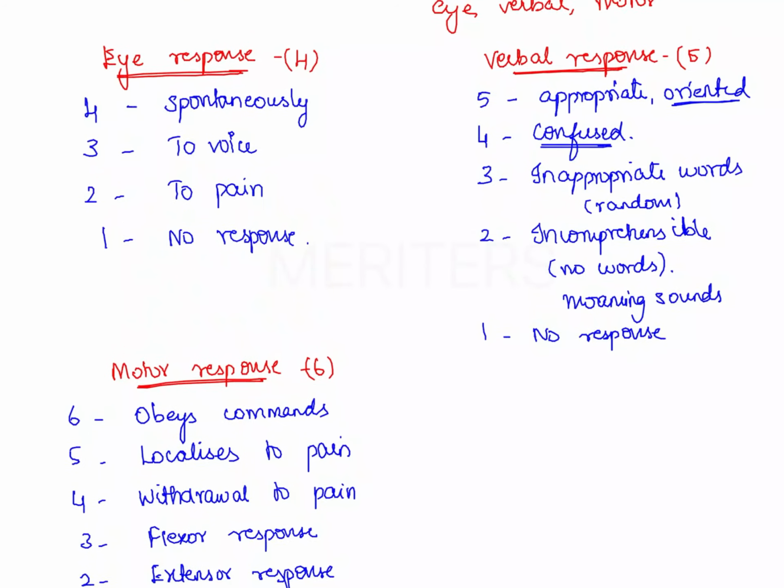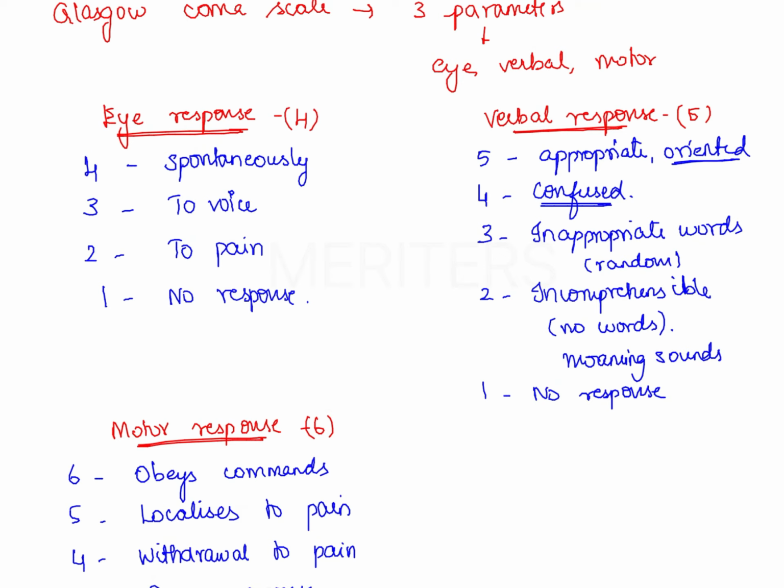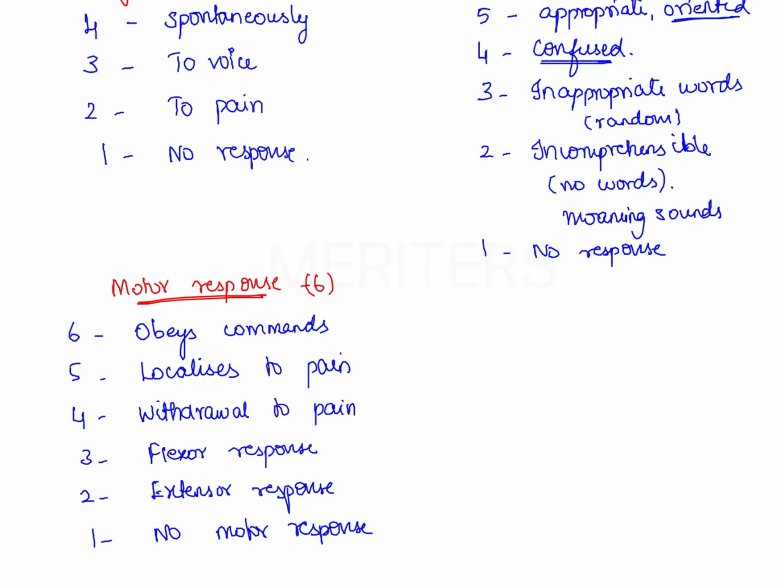Therefore, these are the 3 important parameters assessed by means of Glasgow Coma Scale, which indicate the level of consciousness of the patient. We have to remember it in the same order: first eye response, followed by verbal response, and followed by motor response.